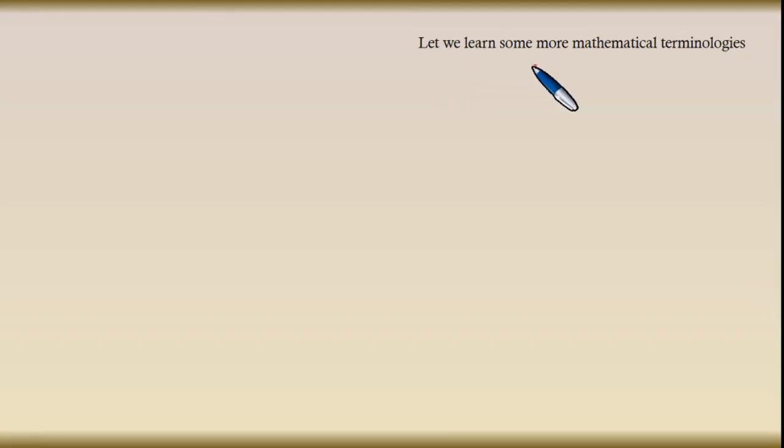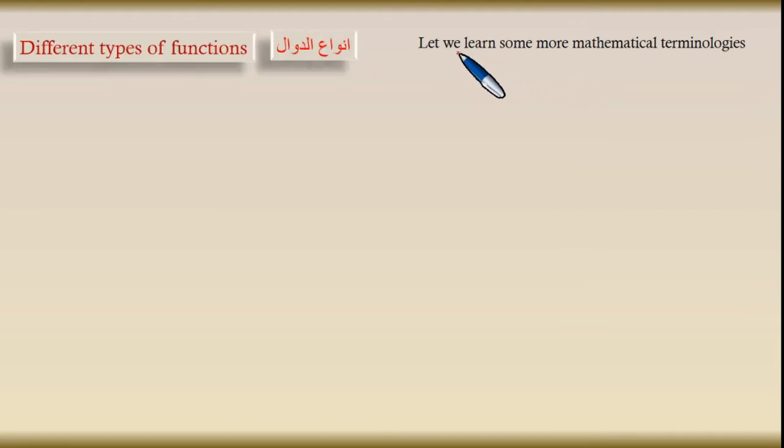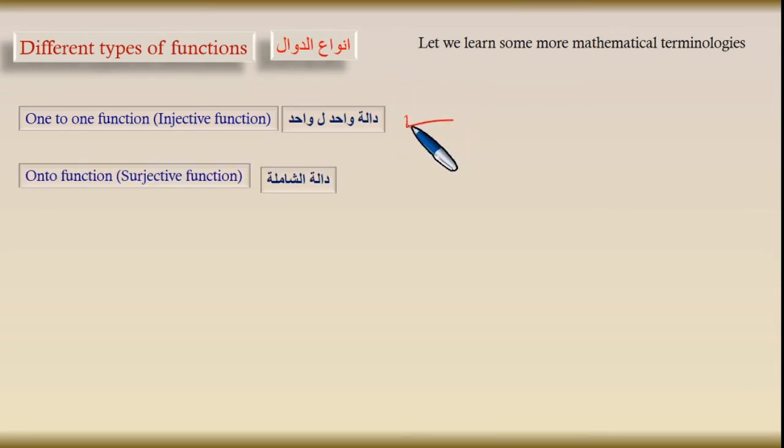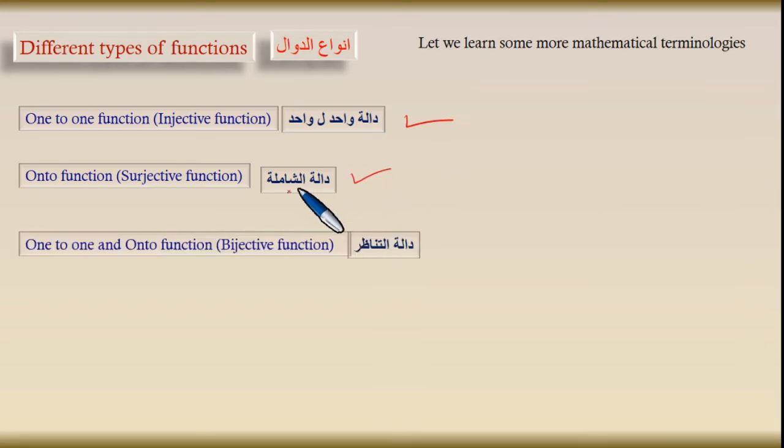Let me teach some more mathematical terminologies, that is different types of functions. One-to-one function, which is also known as injective function, onto function, surjective function, and one-to-one onto function is also known as bijective function.